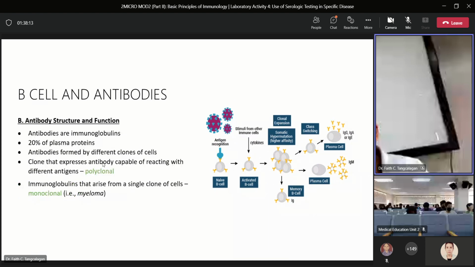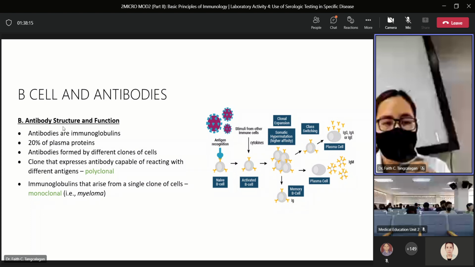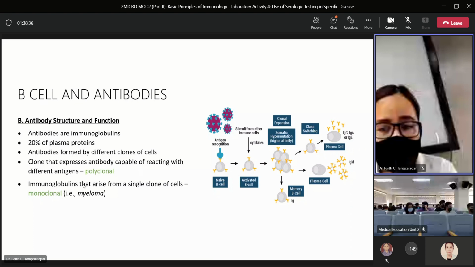Another concept: antibody structure and function. Antibodies are actually immunoglobulins, composing about 20% of your plasma proteins, and these antibodies are formed by different clones of cells. Each clone expresses an antibody capable of reacting with different antigens.